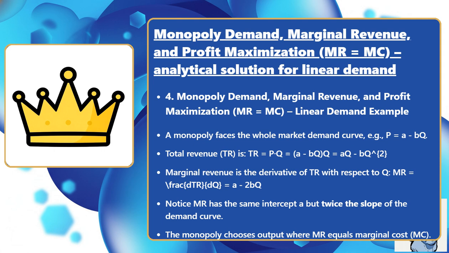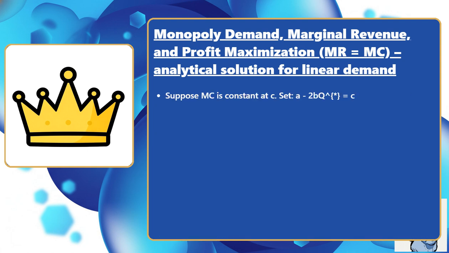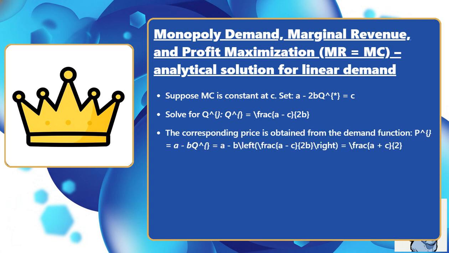The monopoly chooses output where MR equals marginal cost, MC. Suppose MC is constant at C. Set a minus 2BQ star equals C. Solve for Q star. Q star equals (a minus C) divided by (2B). The corresponding price is obtained from the demand function.